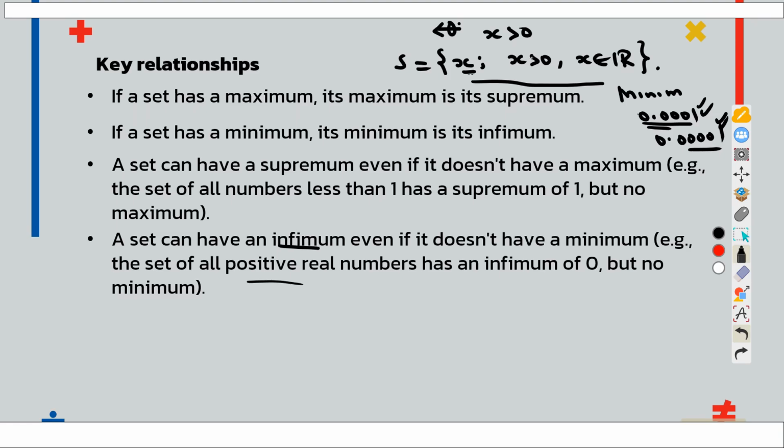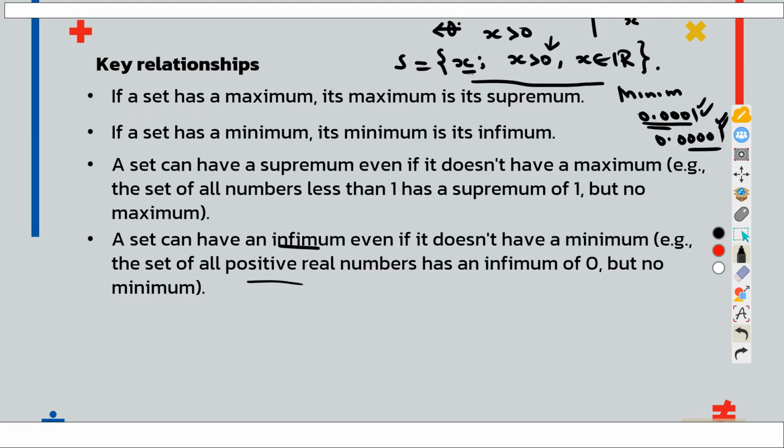We shall not have a minimum, but we shall have an infimum, because an infimum can be part of the set or may not be part of the set, so long as that is the value for which all other numbers are greater or equal to it. That is only 0, for which all the positive numbers are greater or equal.